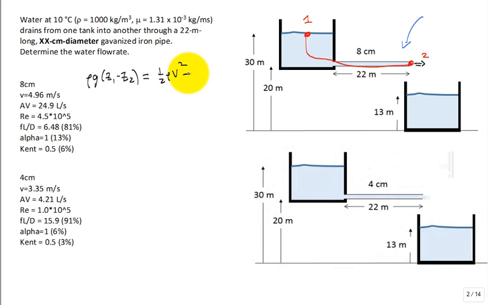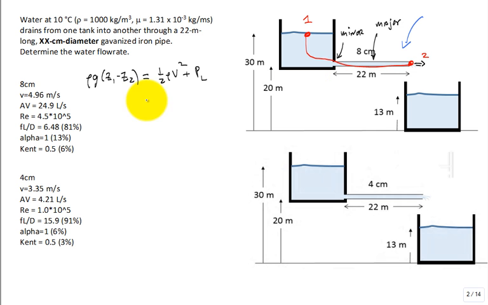plus any pressure losses. Where do we have pressure losses? Well, we have a major pressure loss due to the straight run, and then we have a minor loss due to getting into the pipe.